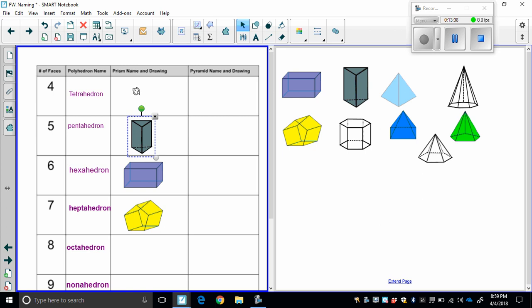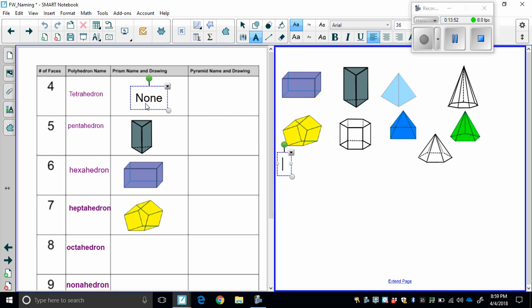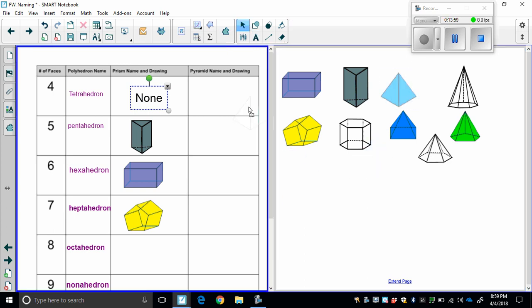And that's the type of prism that has 5 faces, but there's no 4-sided prism. There is a 4-sided polyhedron, and that would be this shape over here, because it has a triangular base.